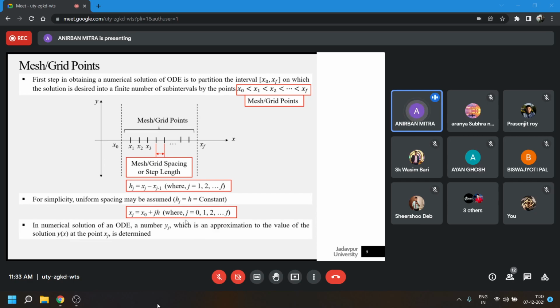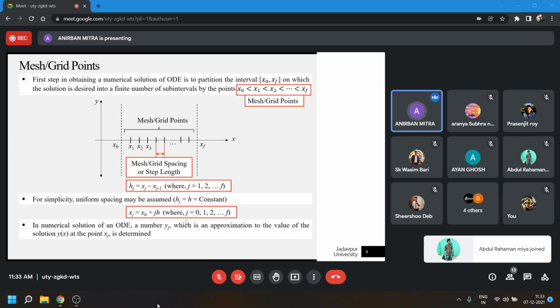And in numerical solution of an ODE, we look for a number yj, that is the y coordinate, which is an approximation to the value of the solution y(x) at the point xj. And once that is determined, we move on to the next step. And in that way, we actually build up a set of values for yj's corresponding to given xj's.